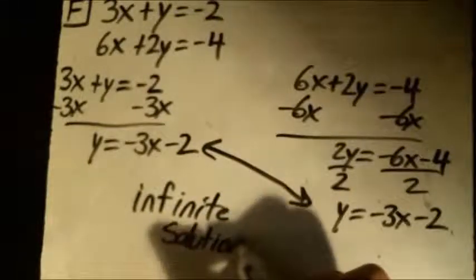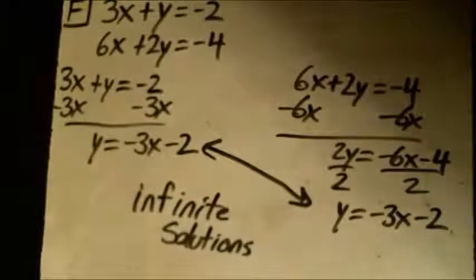Because once again, if you get the exact same line, even though they have the same slope, because they are lying directly on top of each other, that's going to be infinite solutions. So if I show you that on the graph, our line is y equals negative 3x minus 2, so our y-intercept is negative 2, and our slope is negative 3, so I'm going to go down 3, right 1.